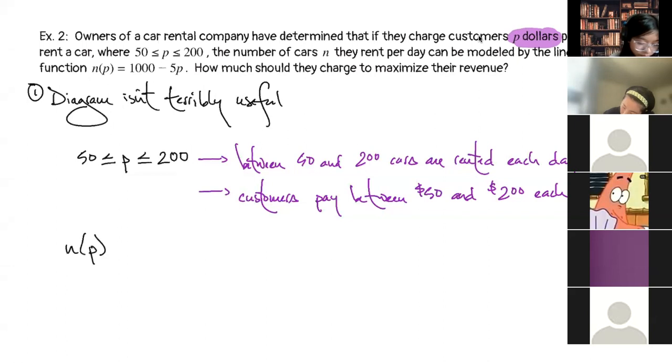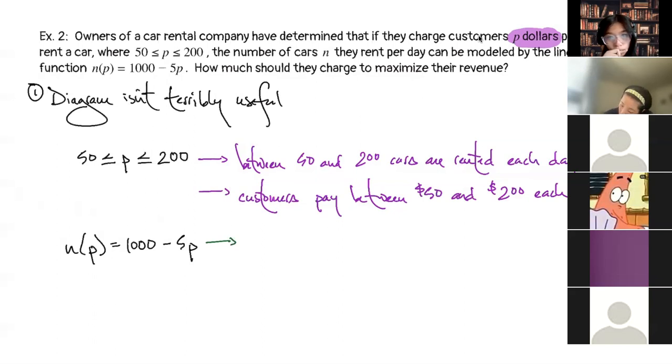N of P equals 1000 minus 5P. What does that tell us? The number of cars rented at a certain price, the amount of cars rented per day.